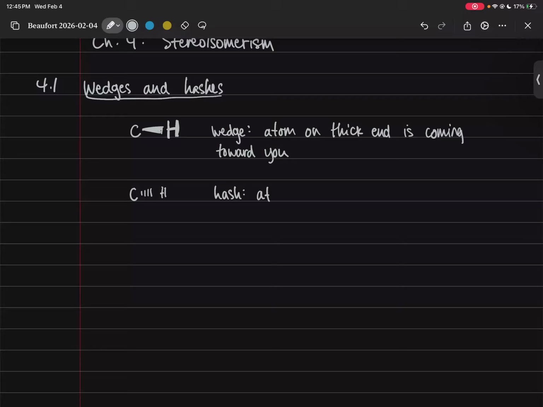So the atom on the thick end of the hash is going away from you or going into the board. So we can maybe draw that as a tiny little hydrogen that's back going into the board.